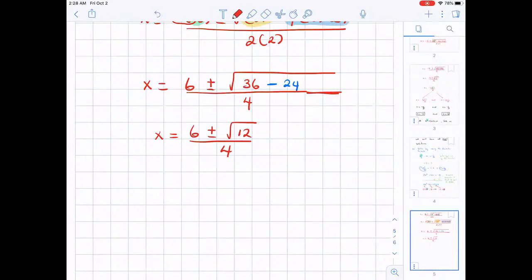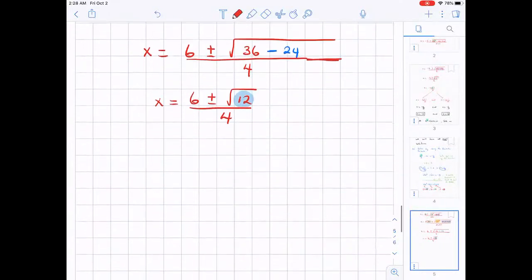Well, 12 is not a perfect square. But we know how to simplify it. So we have x is equal to 6 plus or minus the square root of 4 times the square root of 3 over 4.